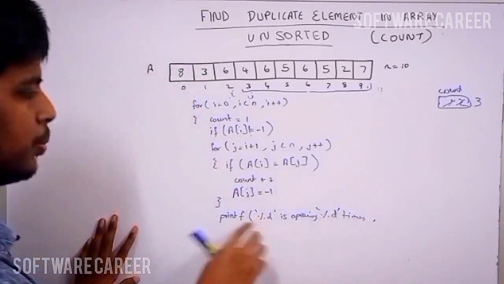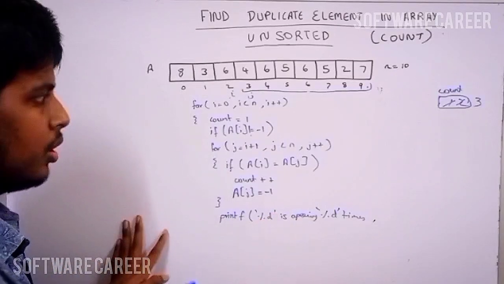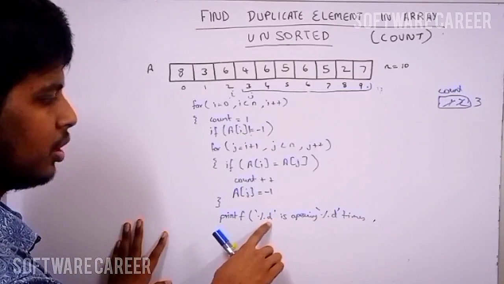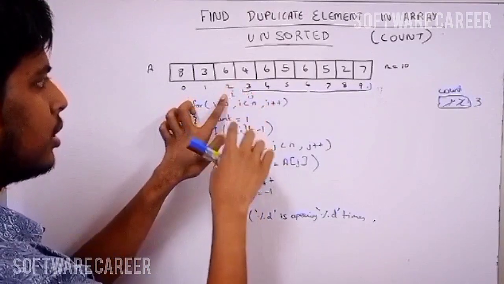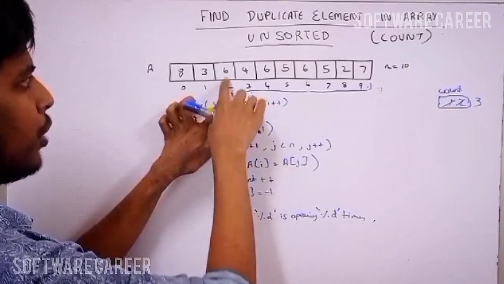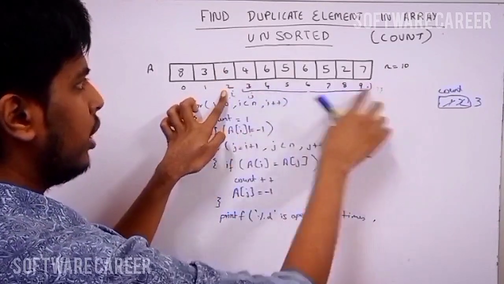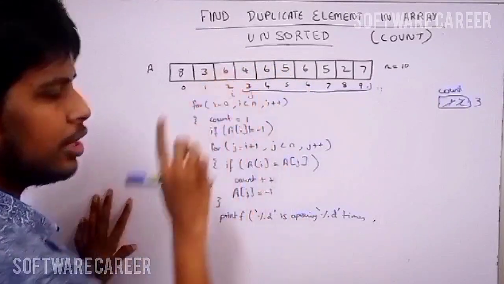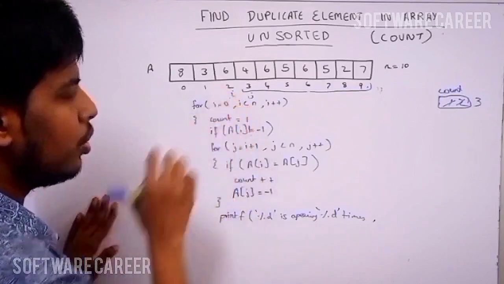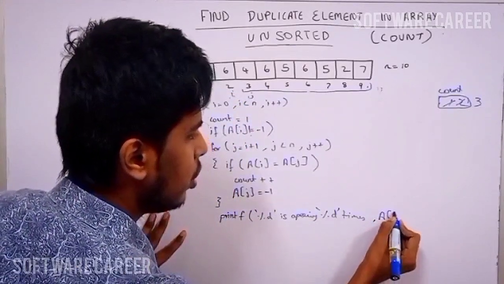Now what is this first percentage d? This percentage d is the number which is duplicate. The duplicate element we should print here. Suppose i is at second index. Now a of i is 6. Now you are checking 6 in this from 3 to 9, whether 6 is present here, whether 6 is present here, like that. So this duplicate element is 6. What is 6? 6 is a of i. So I am writing a of i as the duplicate element.